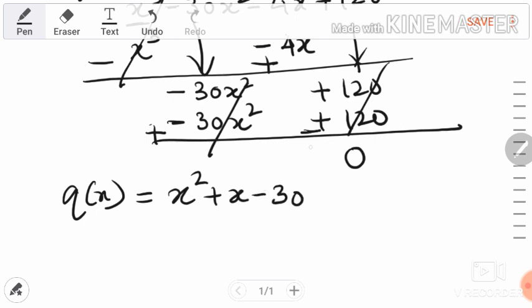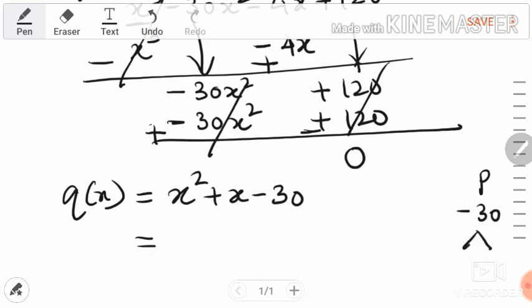So this is the other factor that we are talking about, but it is not completely factorized yet. You can factorize it further. This we will do by splitting the middle term. For this quadratic polynomial, let us find the product. Product is the multiplication of the coefficient of x square and the constant, so we get minus 30.